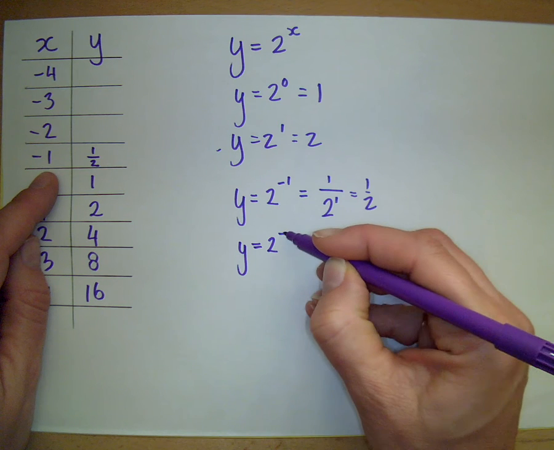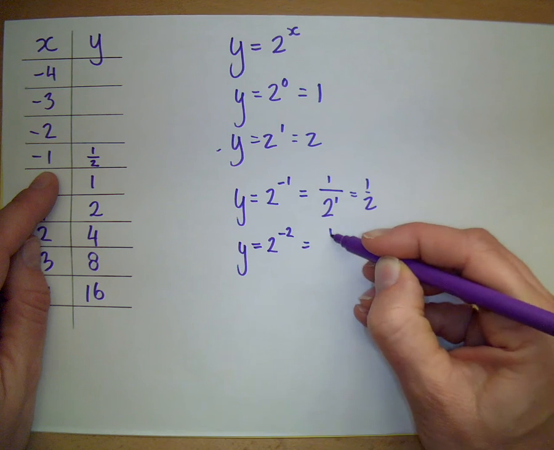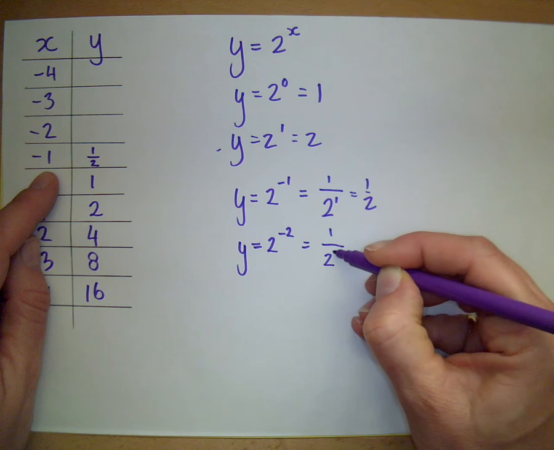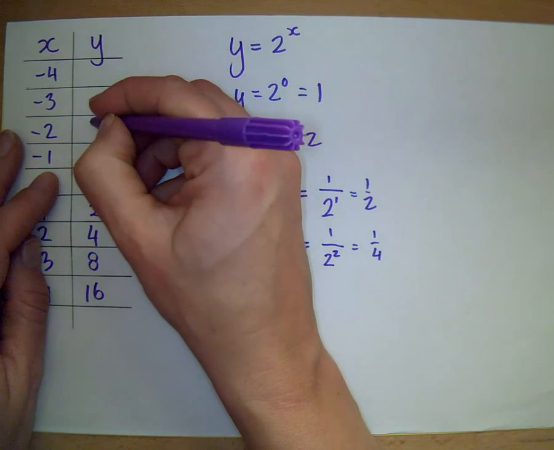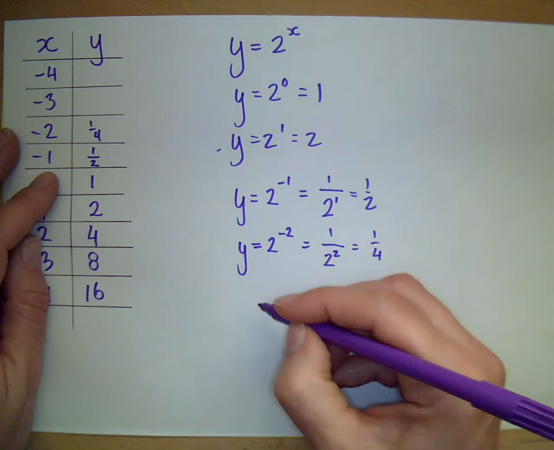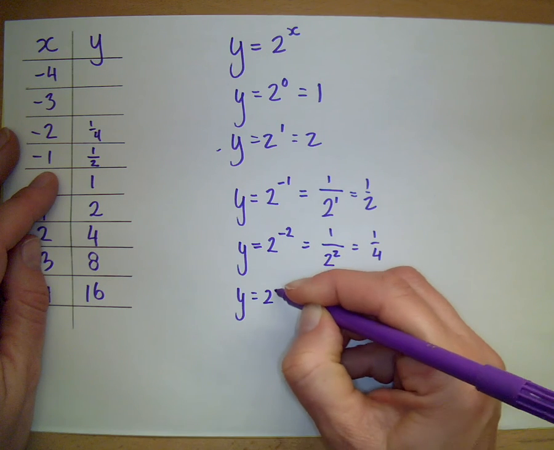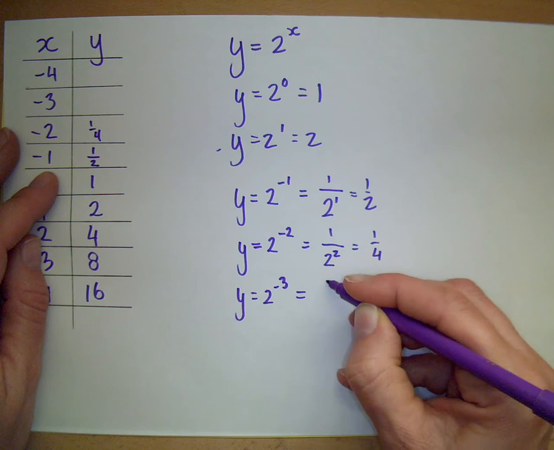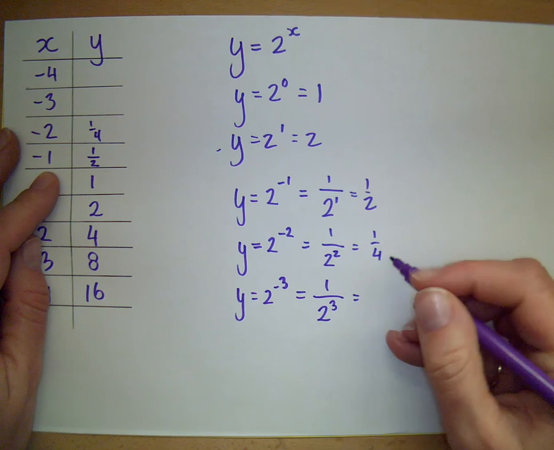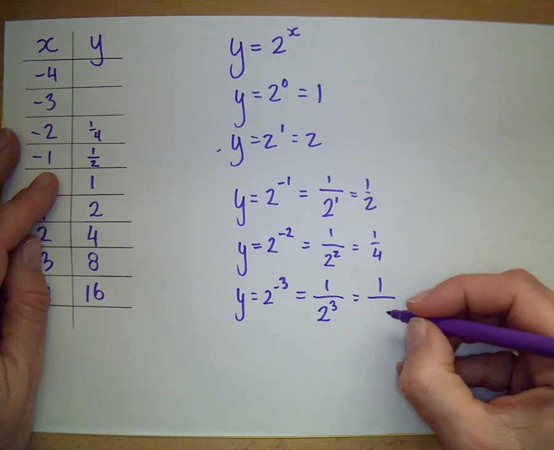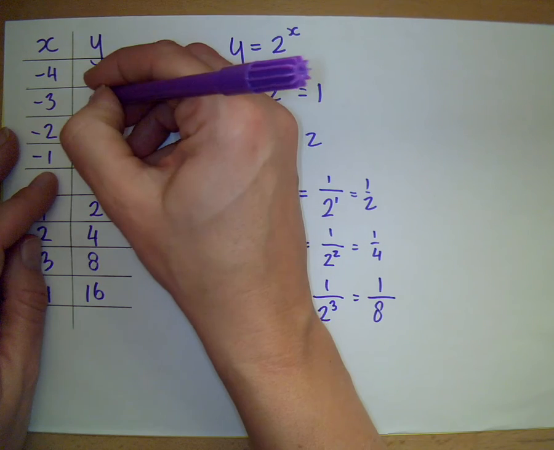So 2 to the power of negative 2 would be 1 over 2 to the power of 2, which equals 1 over 4, 1/4. And 2 to the power of negative 3, we rewrite as 1 over 2 to the power of 3, which equals 1 over 2 times 2 is 4 times 2 is 8, 1/8.